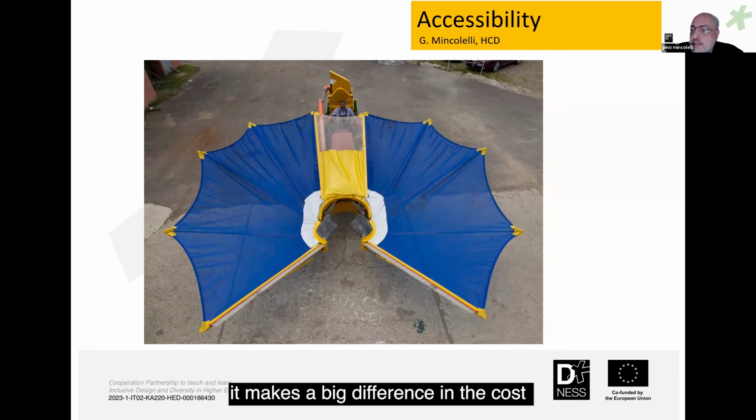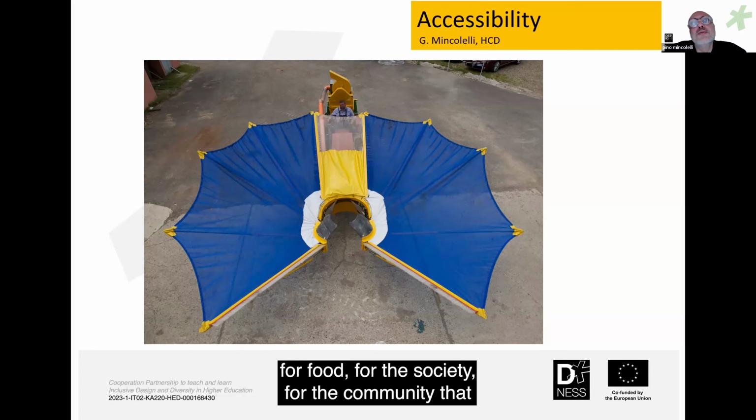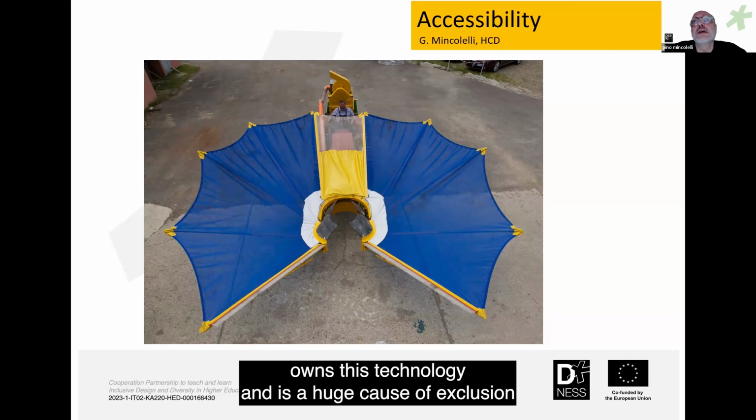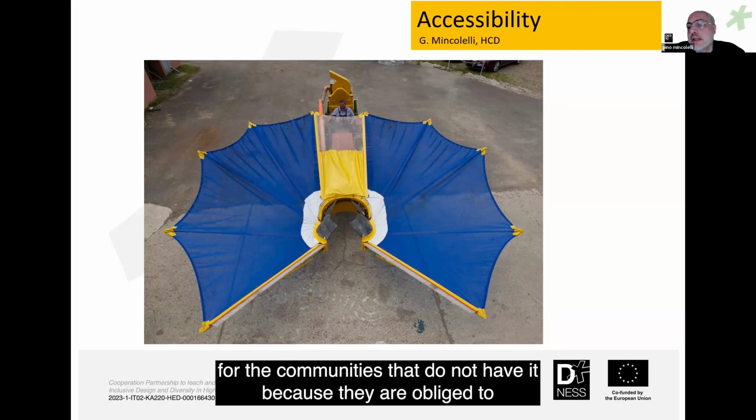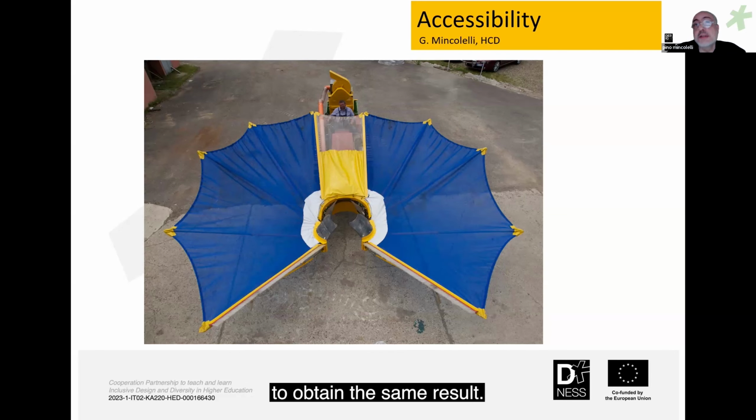You understand it makes a big difference in the cost of food harvesting, and it is a big tool for inclusion to food for the society, for the community that owns this technology, and is a huge cause of exclusion for the communities that do not have it, because they are obliged to spend more time and more human energies to make the same result.